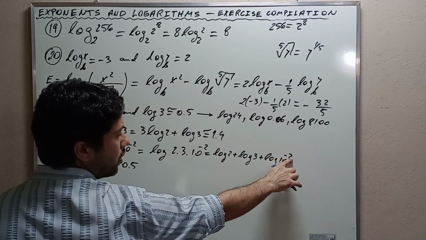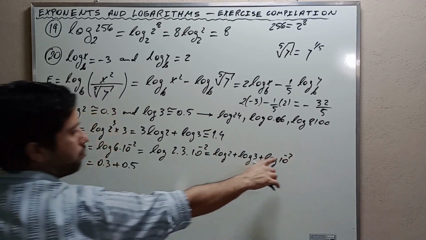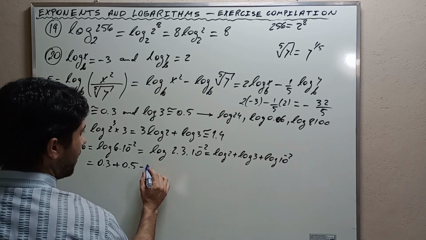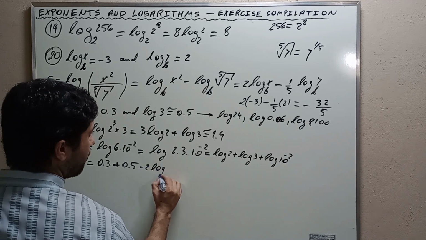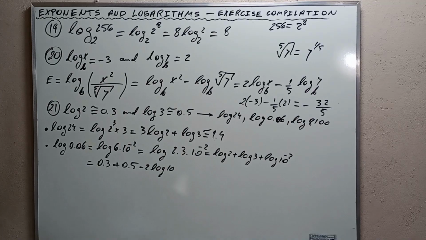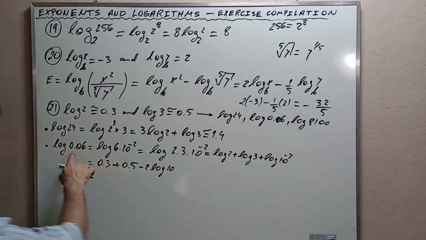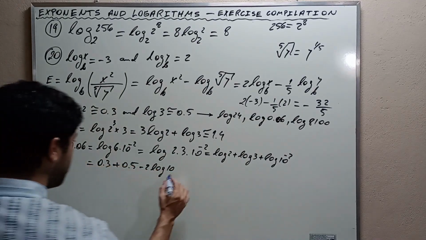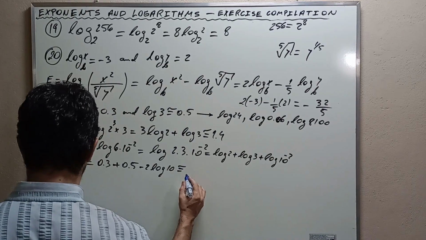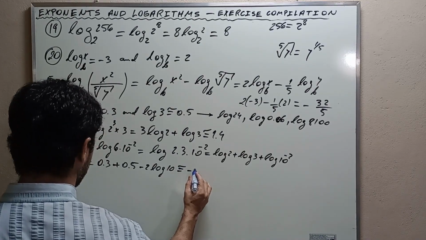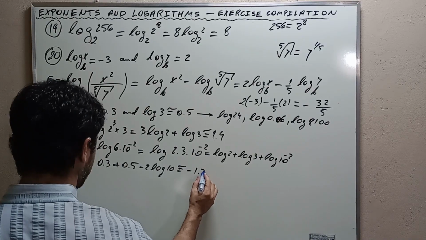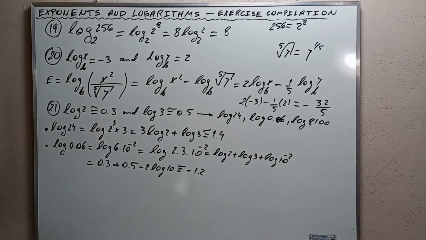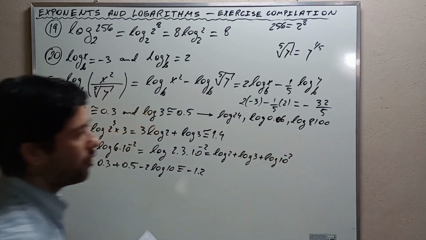And using the property of the power, minus 2 times the logarithm of 10 base 10. The logarithm of 10 base 10 is simply 1. And then we find that the logarithm of 0.06 is approximately equal to negative 1.2.